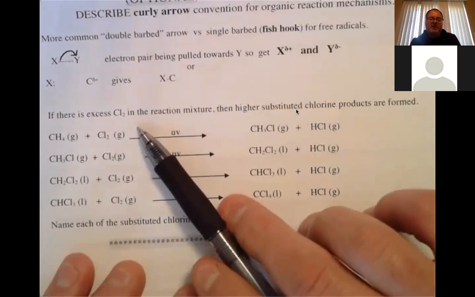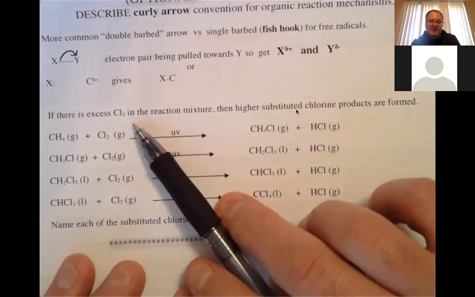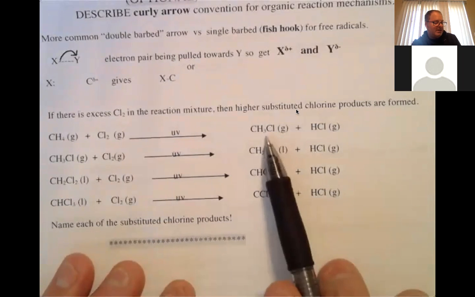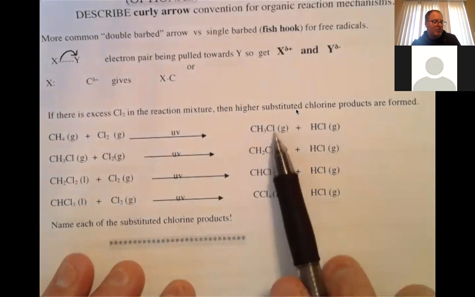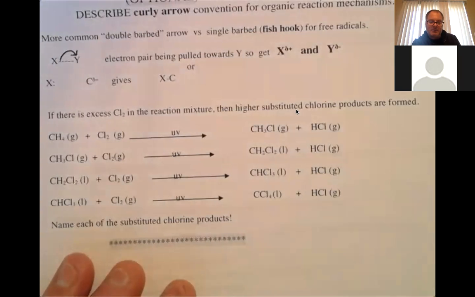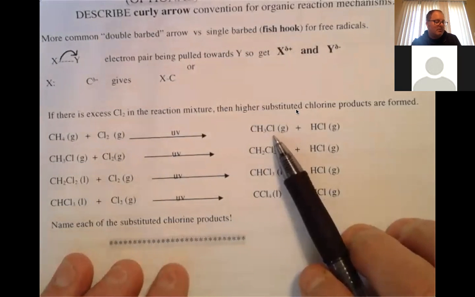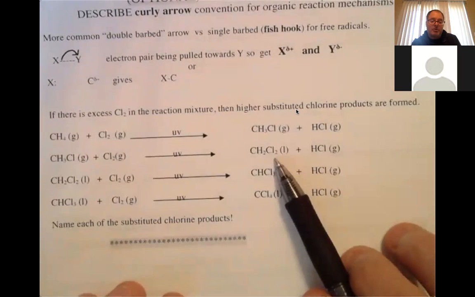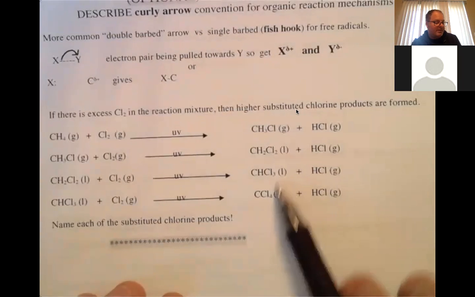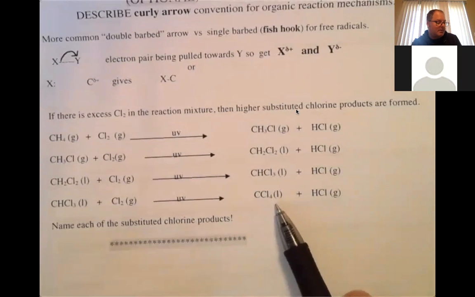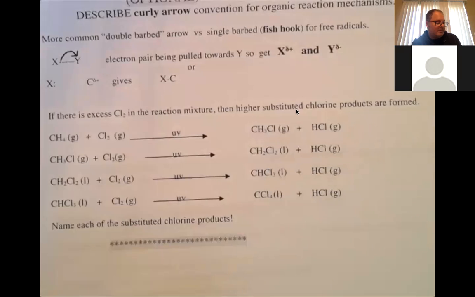So if you have a lot of those free radicals in there, or a lot of chlorine in the mixture, you can actually get the formation of multiple chlorines in different places around there. So instead of just getting one chloromethane, you could get a dichloromethane, trichloromethane, or well, this would be called carbon tetrachloride, but you could get more than one of them.